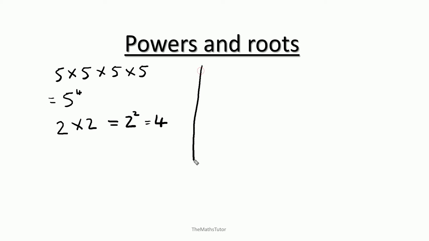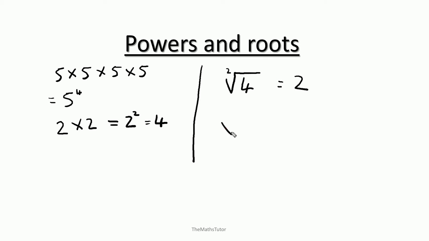So if I were to write root 4 with a 2 here, this means the square root of 4. And this is just the opposite of this here. So you start with a 4 and you'd end up with 2, because this is what you have to multiply by itself twice to get 4.